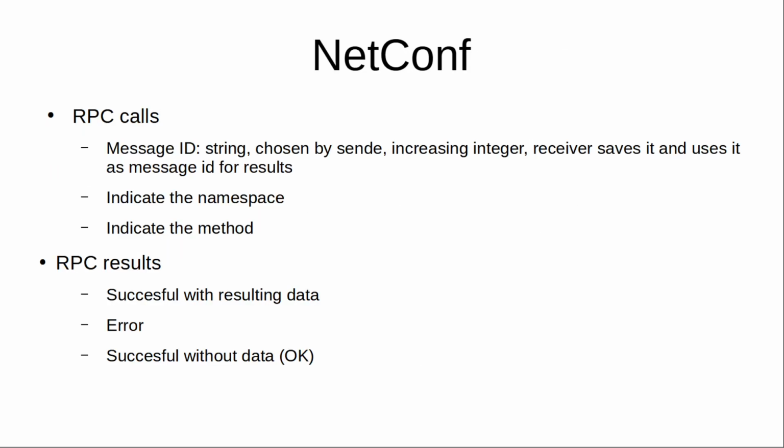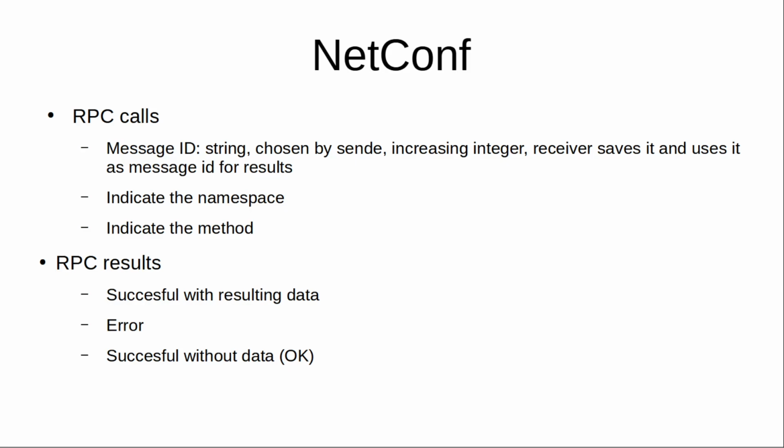When you're creating a call, you will have to establish a message ID, which is a number chosen by the sender, and the receiver will use this number to respond to your call using the same number. So this message ID identifies calls with the call's results.